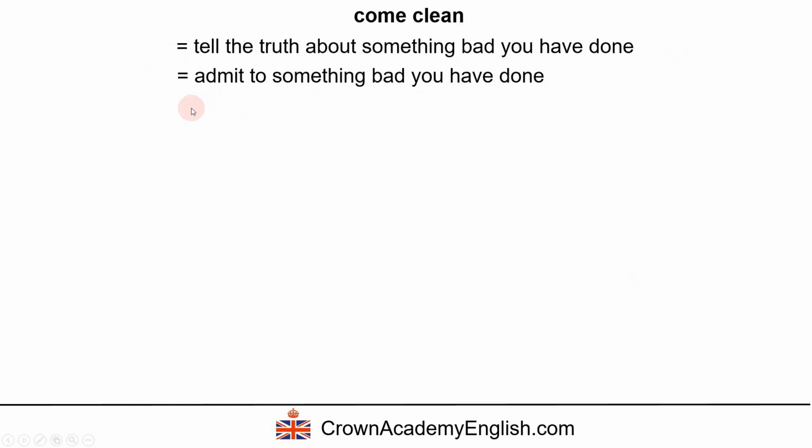And in the context of a crime, it means to admit to the crime that you have committed. So as I said, you admit to the police, you say, okay, yes, it's true. It was me who stole the video or the television. Okay, so you come clean.